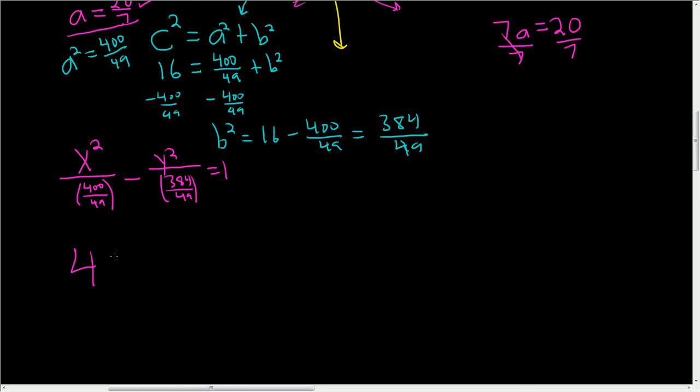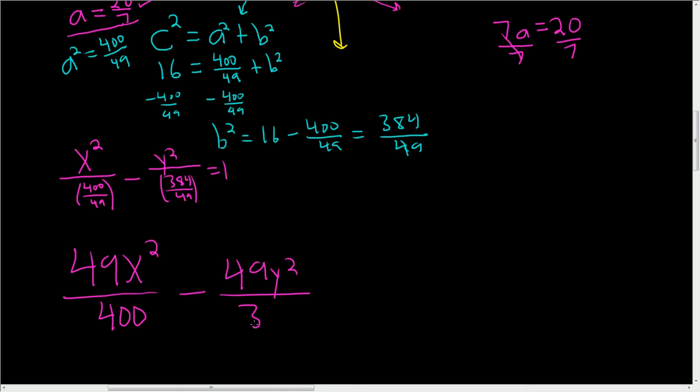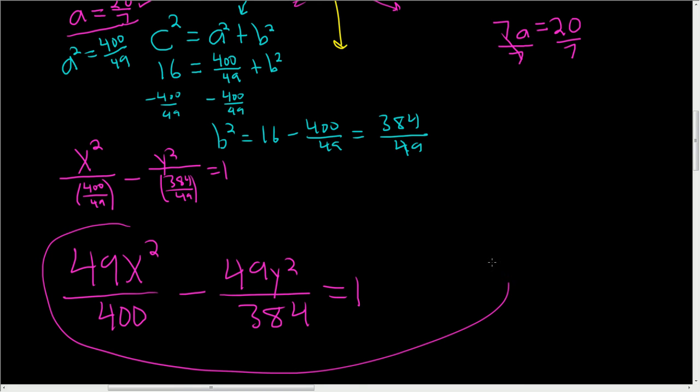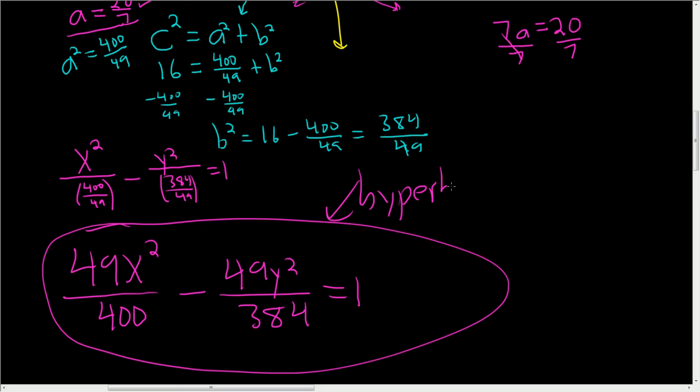So this is 49x squared over 400 minus 49y squared over 384, and that's equal to 1. And there is the equation of our hyperbola. So I hope that made sense.